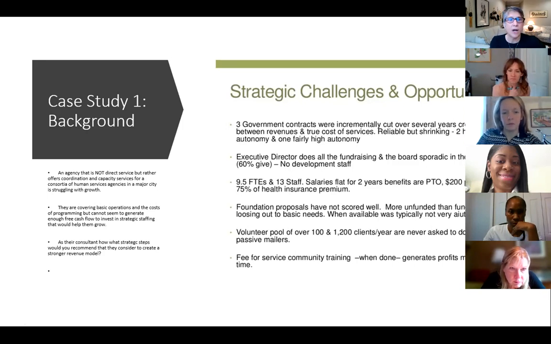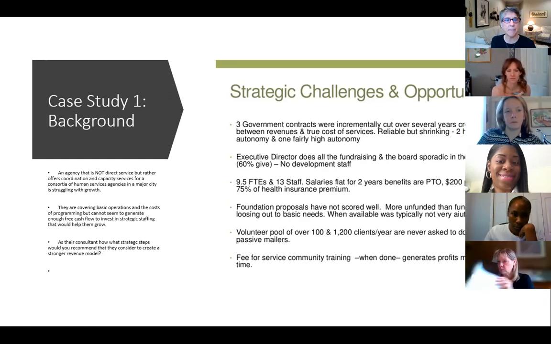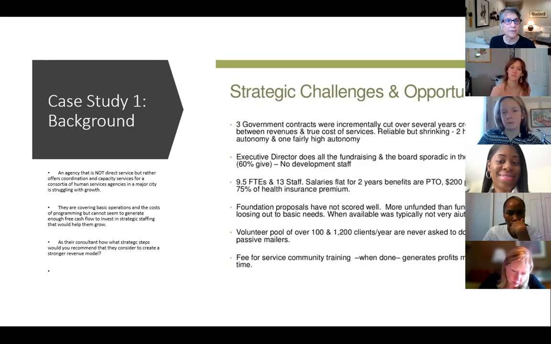Okay, so our agency is not direct service, but rather offers coordination and capacity services for a consortia of human service agencies in a major city, and it's struggling with growth.